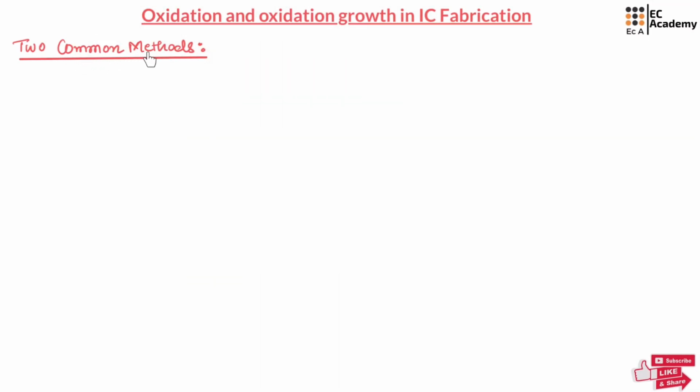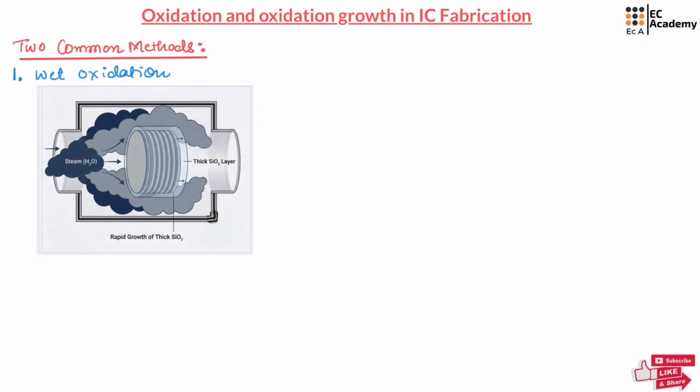Now there are two common methods to do this oxidation. Method number one is called wet oxidation. As the name suggests, wet means water vapors. These water vapors are available in the atmosphere, and these water vapors are passed over the silicon, which is heated at 900 degrees to 1000 degrees centigrade, and due to chemical reaction an oxidation layer is formed over the silicon wafer.